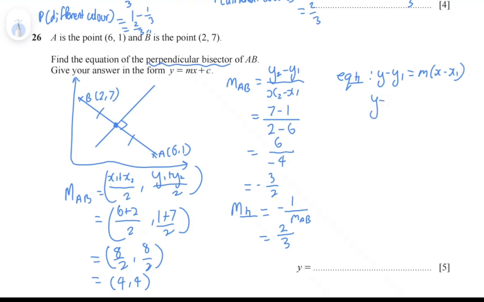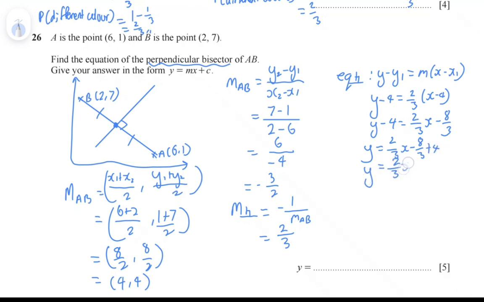So it's y minus 4 equal to 2 over 3 (x minus 4). So expanding this bracket, we get 2 over 3x minus 8 over 3. Moving this over, we get y equals 2 over 3x minus 8 over 3 plus 4, giving us a final answer of 2 over 3x plus 4 over 3.